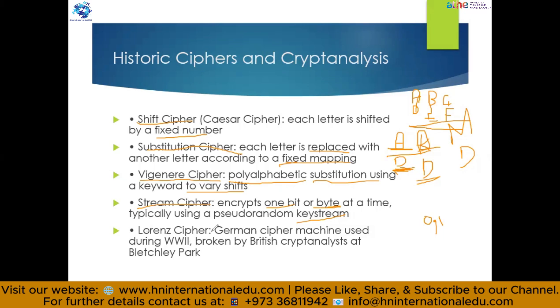And the Lorenz cipher, a German cipher machine used during WWII, was broken by British cipher analysts at Bletchley Park. So this is also a cipher technique, but it is also a complex one.